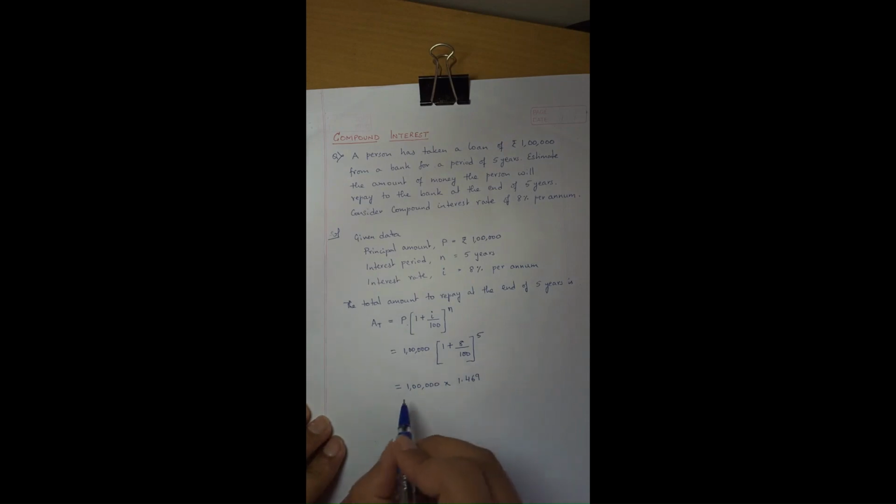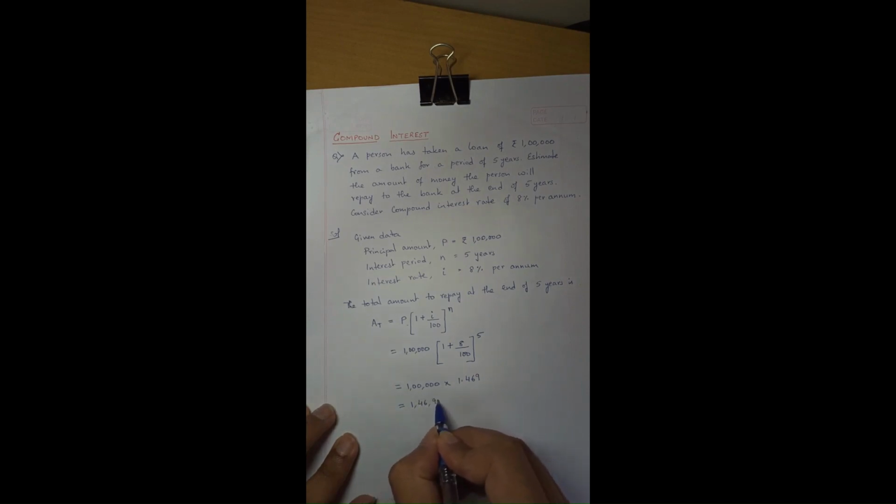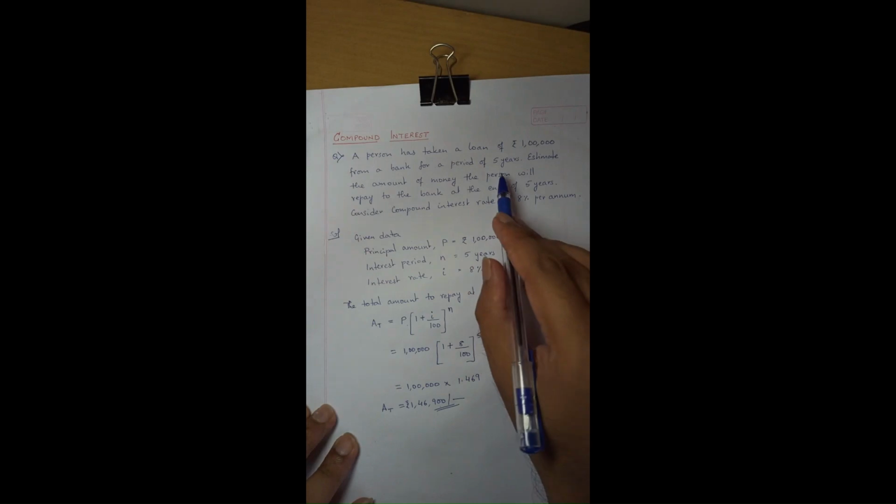So if I multiply these two, I'm going to get 1,46,900 rupees. So this is the total amount a person is going to pay after the period of 5 years to the bank.